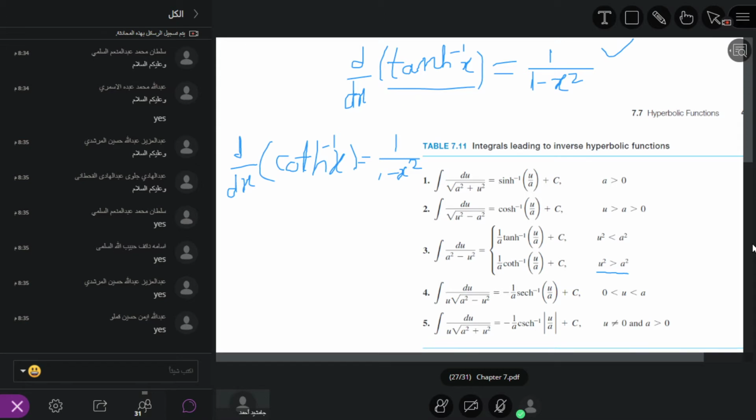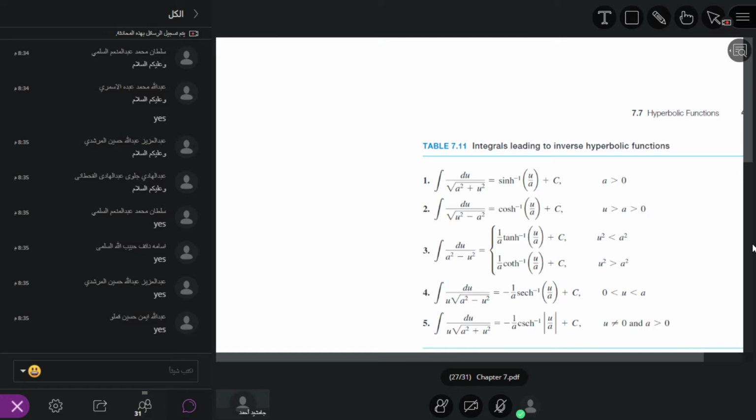Here, the derivative of sec hyperbolic inverse x is equal to minus 1 divided by x into the square root of 1 minus x square.